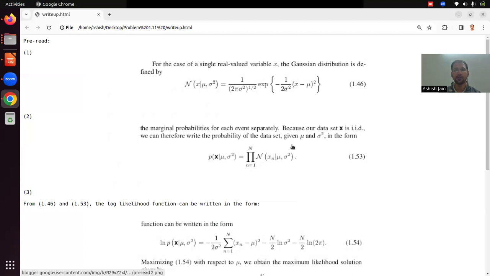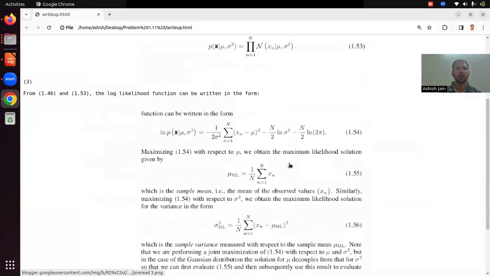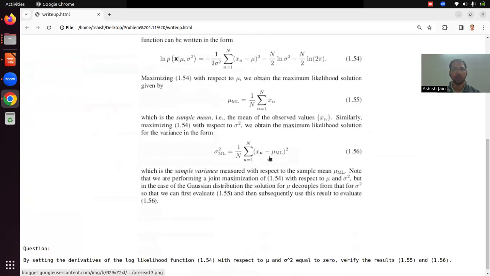So the probability of observing the set given mu and sigma squared is given by the product of all the normal distributions for xn's, given that the mean is mu and the variance is sigma squared. Now, if we take the log or natural logarithm of this, we get the log likelihood function, which takes this form. We'll look at its explanation in a bit, but let me phrase the problem right now.